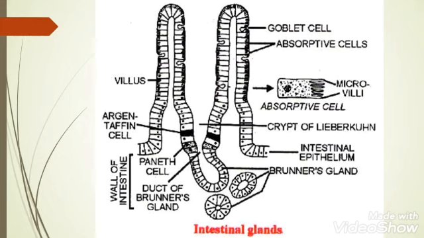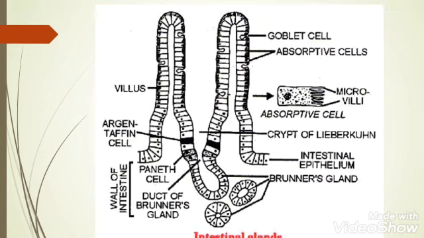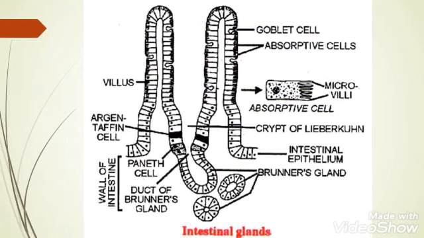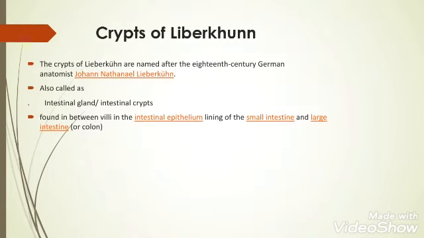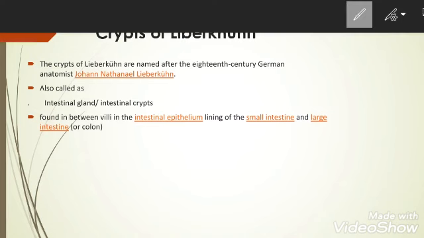Okay, and when you take a detailed view, you can see that in between the two villi you find a particular organ, and this organ is called the crypts of Lieberkühn.